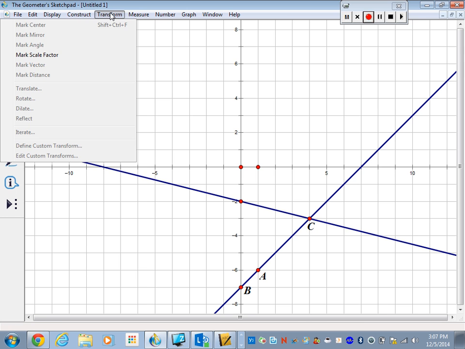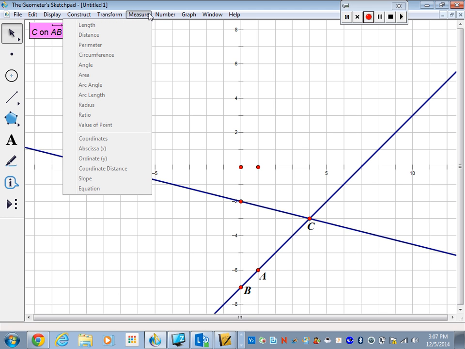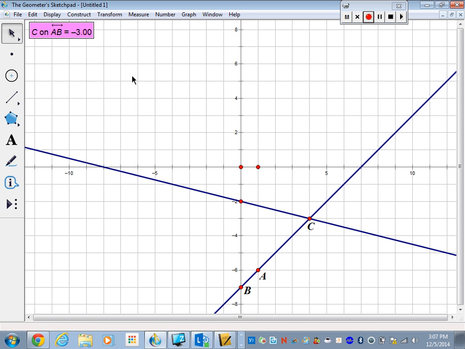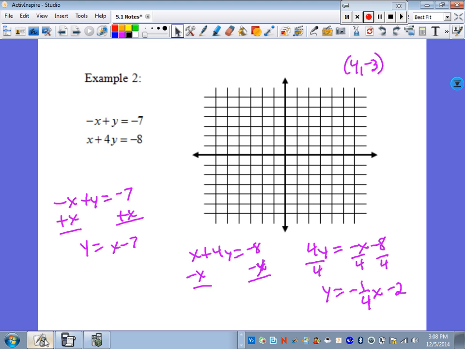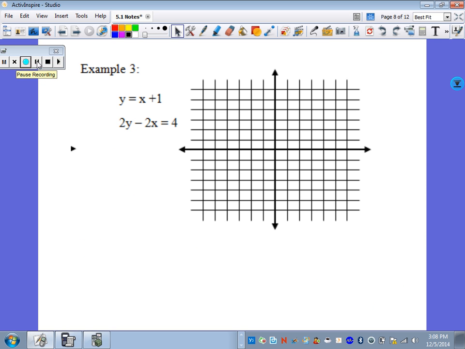That's kind of new for Sketchpad. But anyway, this point right here is 4, -3. So that's how you would do it if you did it by hand. Okay. So now let's go back here and let's go to the next one. Okay, and we're almost done here. Sorry about that.